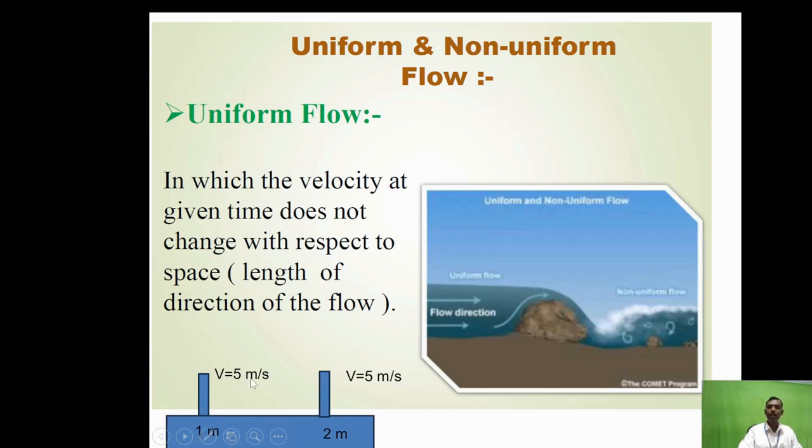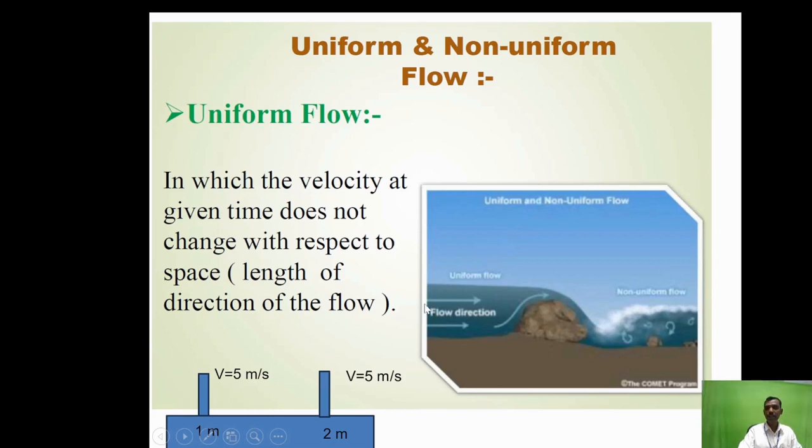Velocity is equal to 5 meter per second. After 1 meter distance, again I measure the velocity. Here the velocity value is equal to 5 meter per second. So at section 1 it is 5 meter per second, and at section 2 also 5 meter per second. The velocity does not vary with respect to the distance, so that flow is called uniform flow.